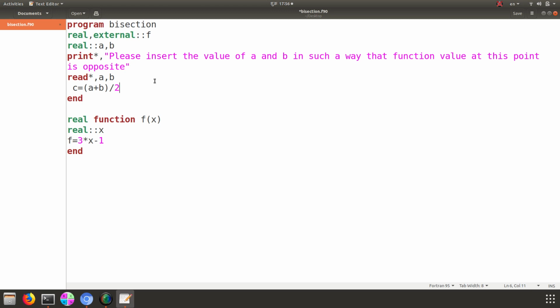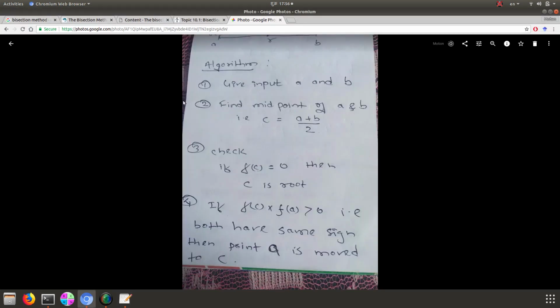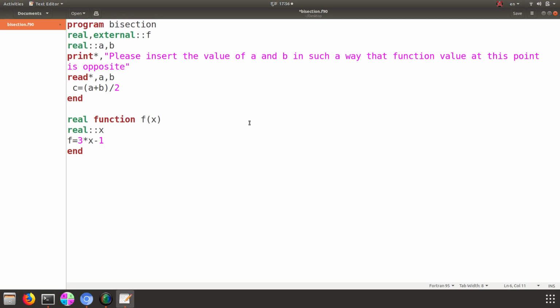So this is our midpoint of a and b. Okay, and next in the algorithm is to check if f of c equals 0 or not. Sorry, I introduced c as the midpoint of a and b, but I need to introduce this as a real variable over here. So please insert c over here. Okay, so I defined c as a real variable.